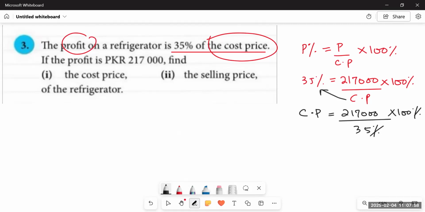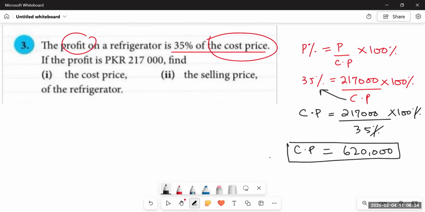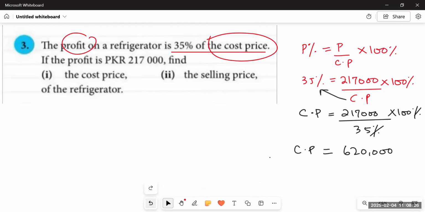Now, we just have to simplify them. 217,000 divided by 35 multiplied by 100 is equal to 620,000. It means the cost price would be 620,000. And after finding the cost price, we can easily find out the selling price.